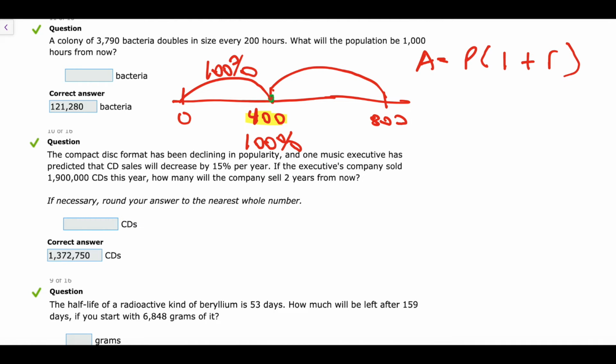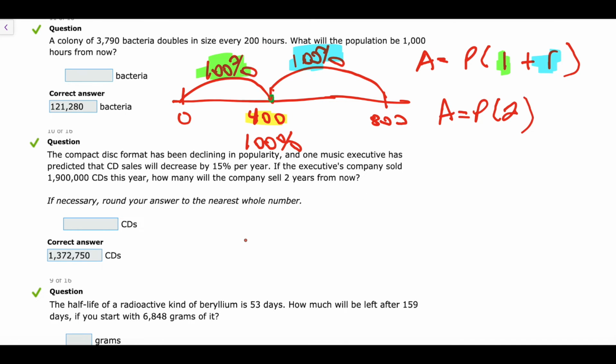It's 100%, which is 1 in decimal form, plus another 100%. This 100% is this number, and this 100% is this number, but you've got to put it in decimal form. Once you do a lot of these, you're going to be like, oh, it's a doubling problem.